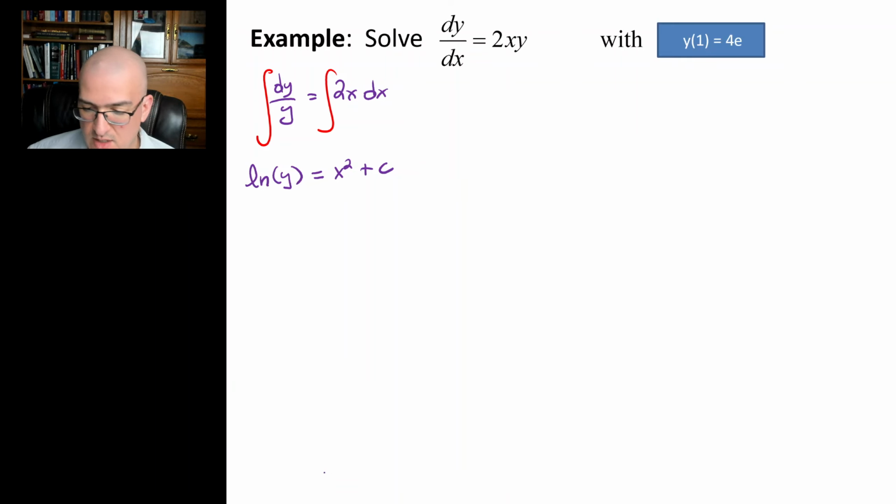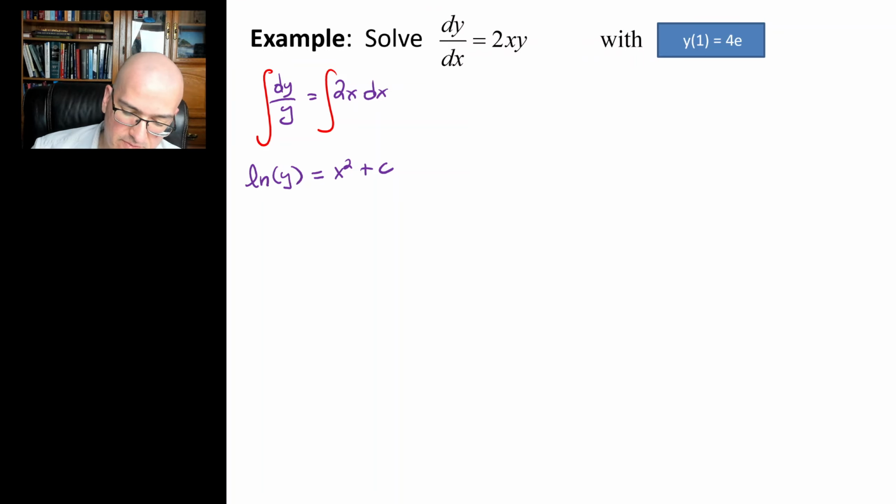Once in a while, I'll do something different. I'll say, let's find c. Let's find that constant, using y of 1 is equal to 4e. So replace the y with a 4e, replace the x with a 1, rearrange and get c. But for this one, for reasons that I don't want to get into, I'm going to get y all by itself first, and then use the condition.